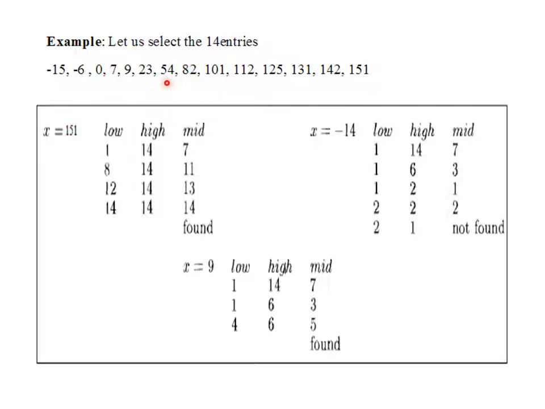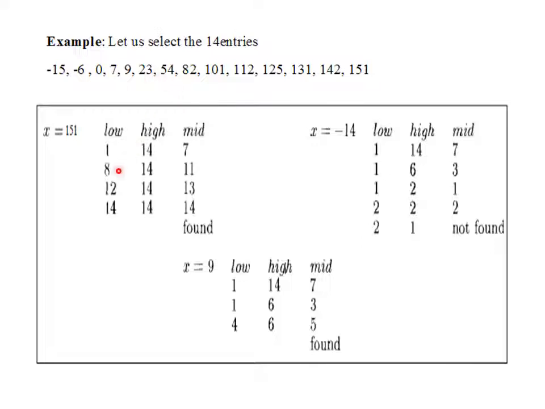It is not equal, so we check whether the search item is less than 54. No, this condition is also false, because the search item is 151 and the mid item is 54, so it is greater than the mid item. So we search the right, upper part, changing the value of low.